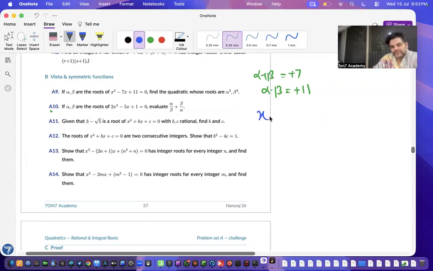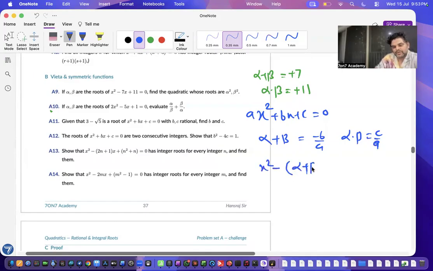See, if any equation you have ax square plus bx plus c is equal to 0, alpha and beta are the roots of the equation. So alpha plus beta is minus b over a, alpha into beta is c over a. Agree? And I told you also, x square minus sum of roots times x plus product of roots, you write, then that is going to be your equation.